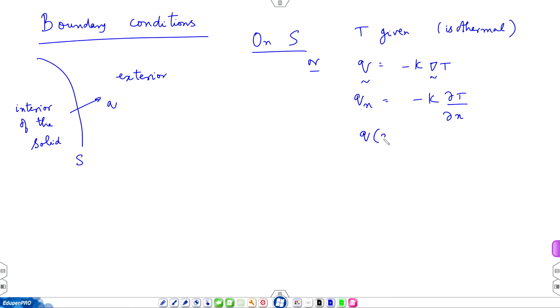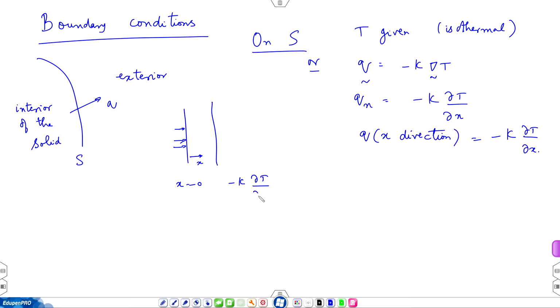So, if you have q in the x direction, it will be minus k times the derivative of T with respect to x. Just to give an example, let us say q is given here, then at x equal to 0, minus k dT/dx, the partial derivative is what I have written, but T is only a function of x.